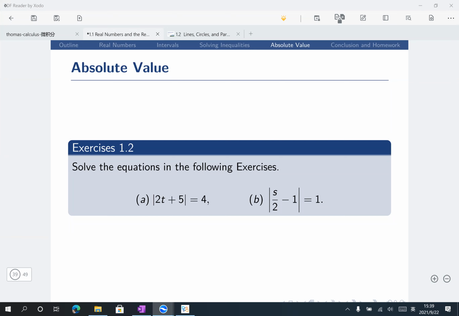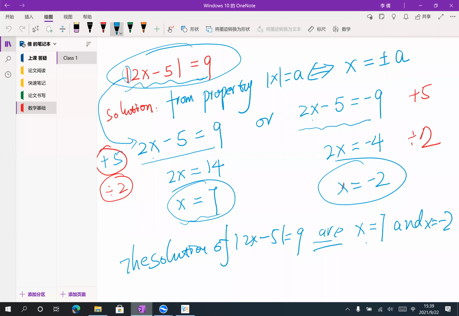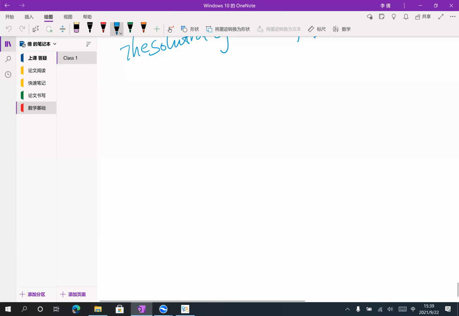Okay, let's see this exercise together. The first one is the absolute value of 2t plus 5 is equal to 4.